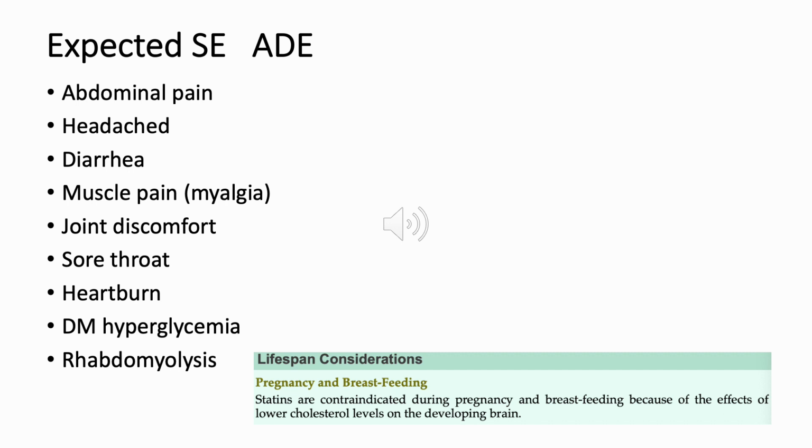Statins are dangerous if used during pregnancy. Cholesterol is important for normal brain development. If taken during pregnancy, statins can lower the cholesterol levels in the fetus, which results in brain deformities. For the same reason, statins are contraindicated in women who are breastfeeding.